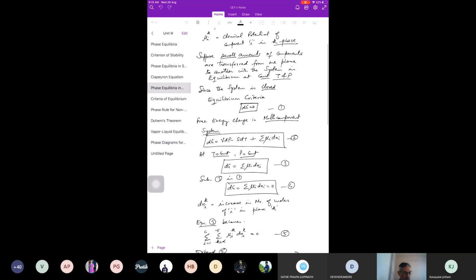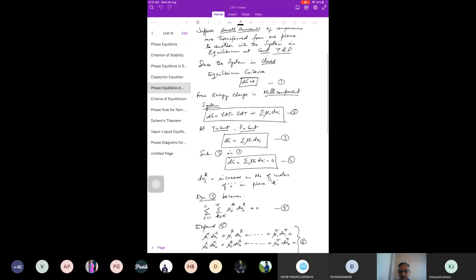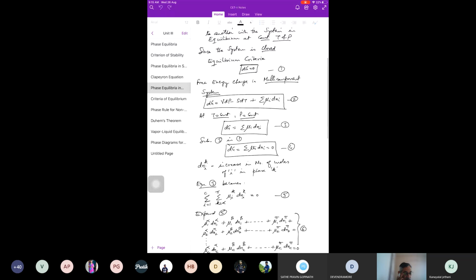Any questions on equation 4? So suppose dN_i superscript k is the increase in the number of moles of component i in phase k. The subscript is the component, the superscript is the phase.